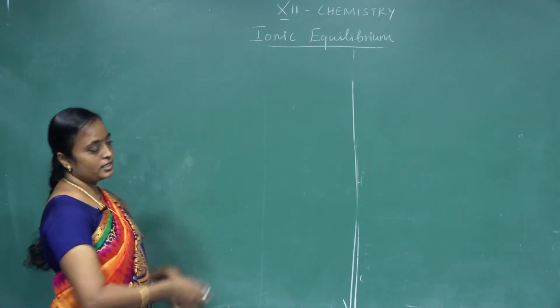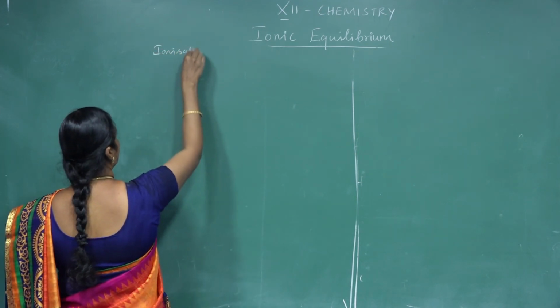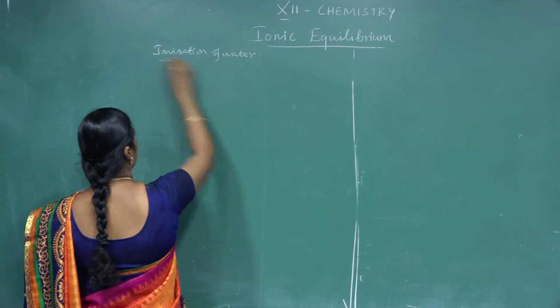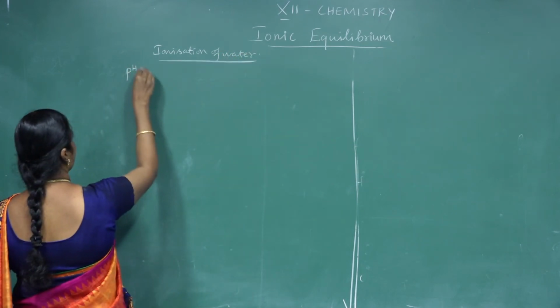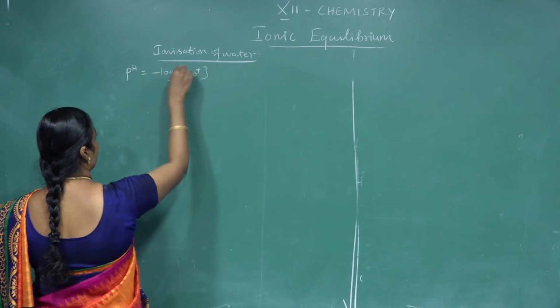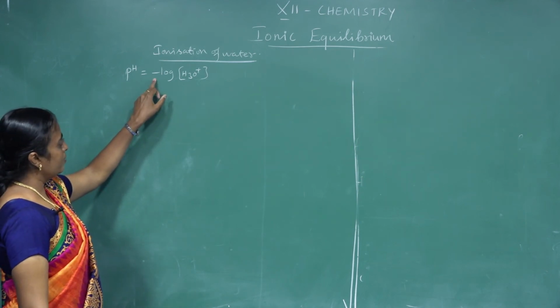So in the ionization of water, same concept. If you take a pH value, pH is nothing but minus of log of hydronium ion concentration. Here I have given a minus sign.